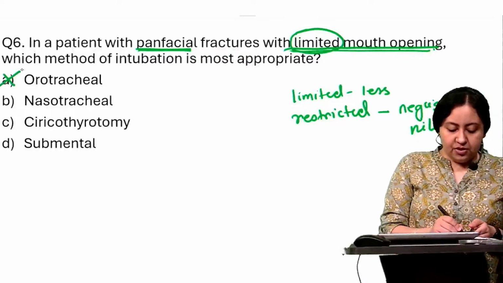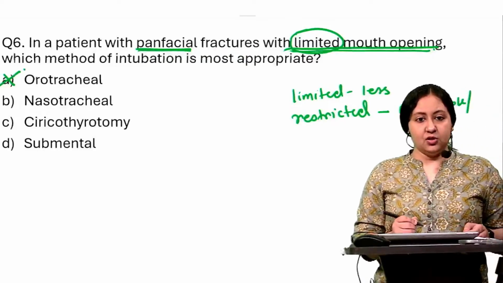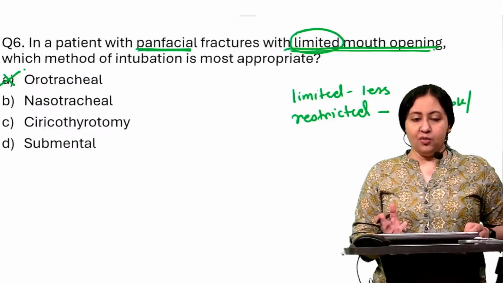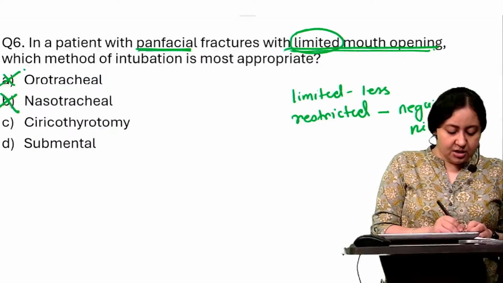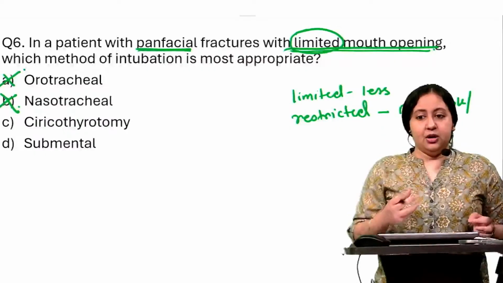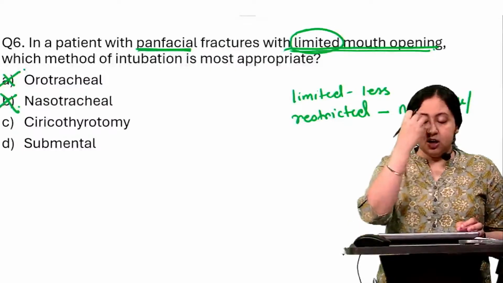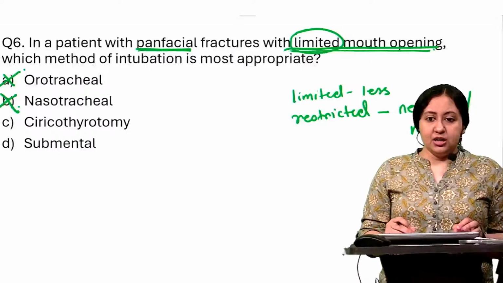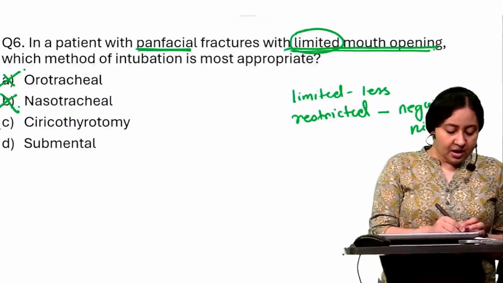Orotracheal intubation is not the method of choice in maxillofacial trauma because we have to look for occlusion. Nasotracheal is also contraindicated since it's a panfacial fracture, so we may have fractures in the midfacial region around the nasal region, so that's why nasotracheal is not indicated.